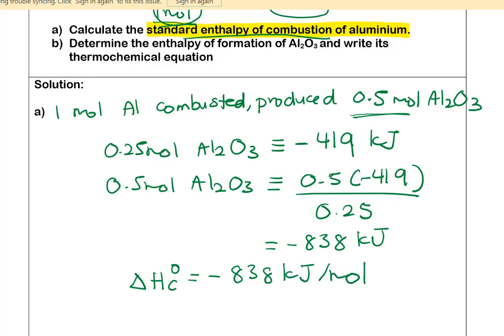Okay, so the unit will be kilojoule per mole because this one is referring to standard enthalpy of combustion. So 1 mole of aluminium being combusted, it will release 838 kilojoule energy.